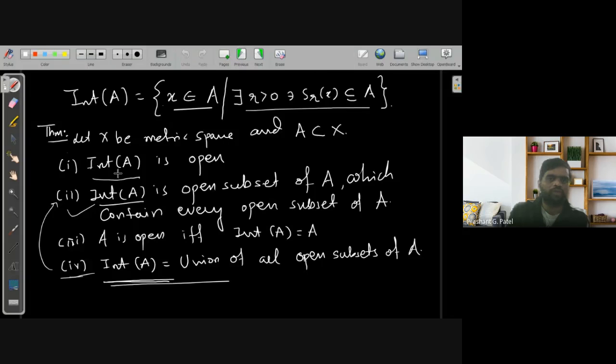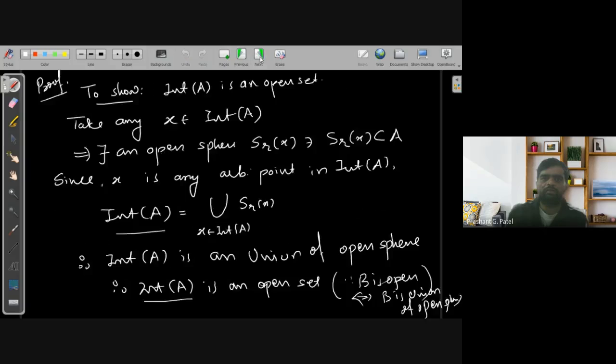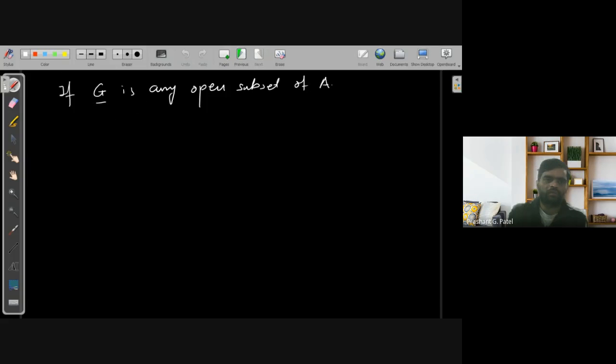If I take G as any open subset of A, the second statement is that you need to prove that the interior of A is an open subset of A which contains every open subset of A. The first statement is already proved. Now I am taking one open subset of A, which is G, and I want to prove that this G lies inside the interior of A.